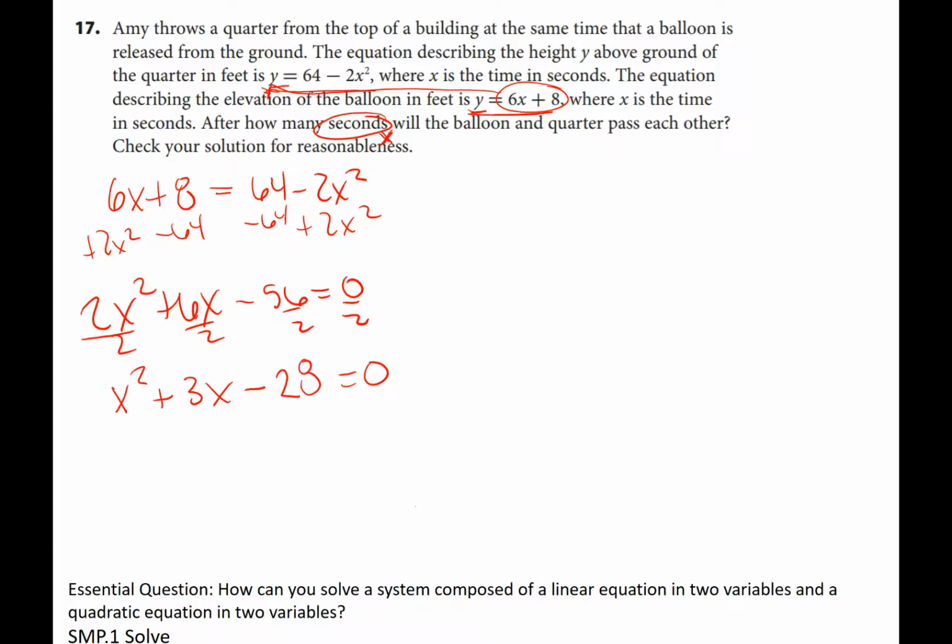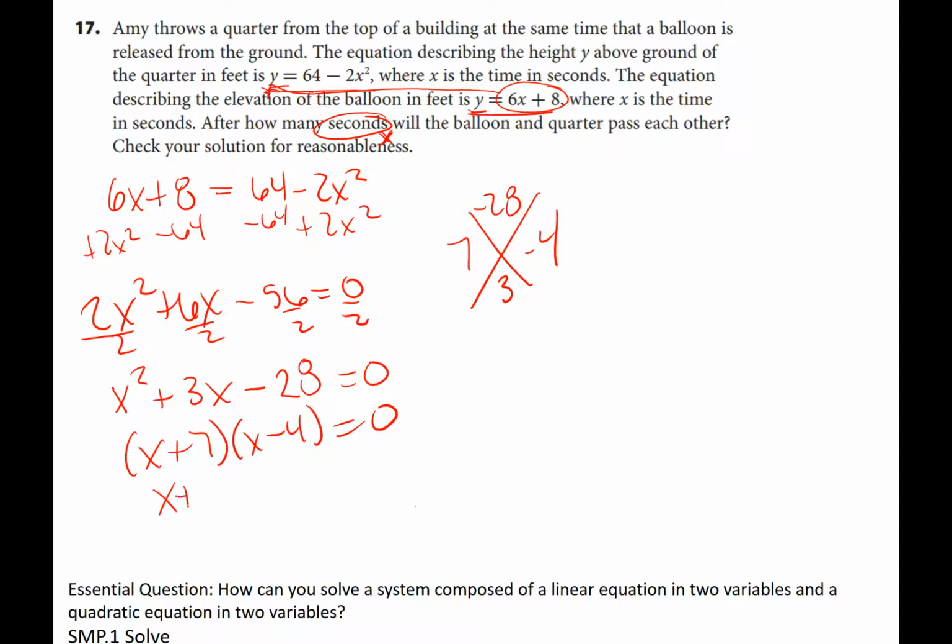And then it looks like I've got a magic x problem. So I've got two numbers that multiply to negative 28 and add to 3. And I'm thinking 7 and negative 4. So I've got x plus 7 times x minus 4 equals 0.